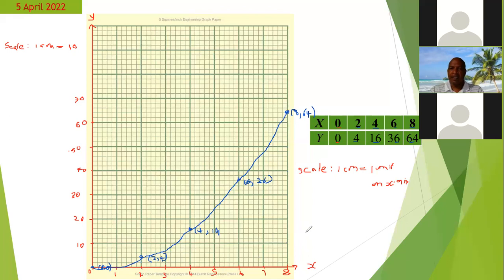All right. So draw your curve on your graph paper, guys. Take a picture of the curve when you're finished. When the class ends, you can take a picture and send it to my WhatsApp so that I get a sense of what you're doing. All right.